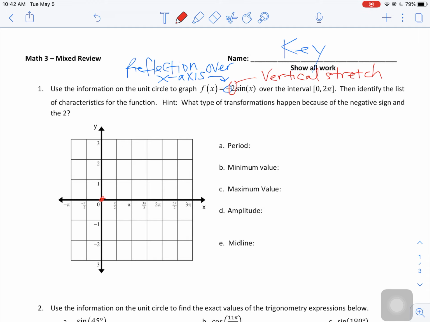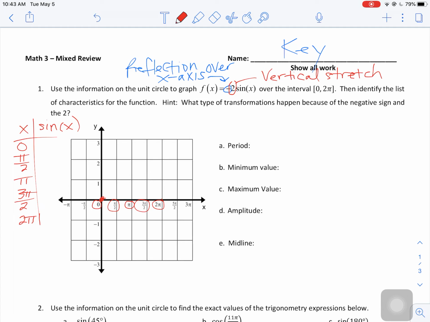So let's go ahead and do x and sine x off of the unit circle. And I'm going to use these critical values as my x values: 0, pi over 2, pi, 3 pi over 2, and 2 pi. So those are the values I'm going to use off of the unit circle.